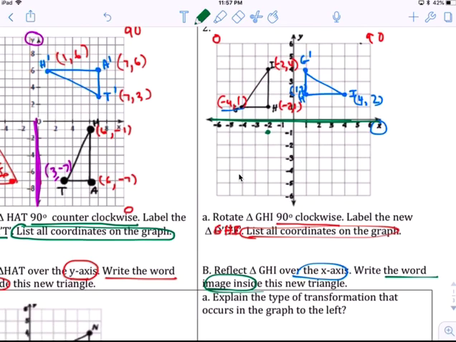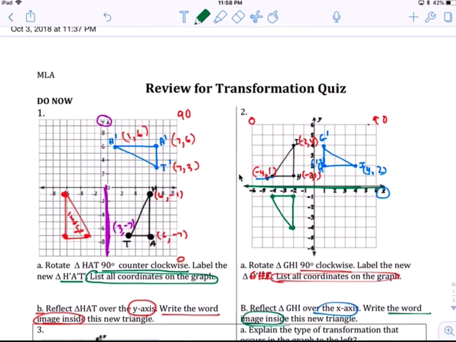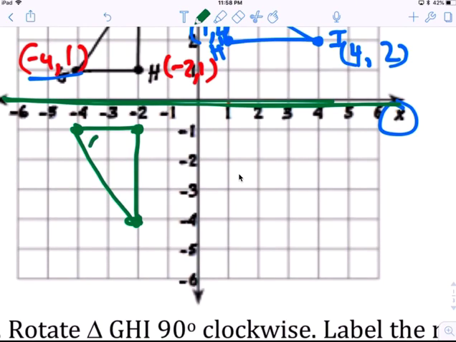Yep. 1 over for G also. Then I is 4. So 1, 3, 4 right there. And write the word image.